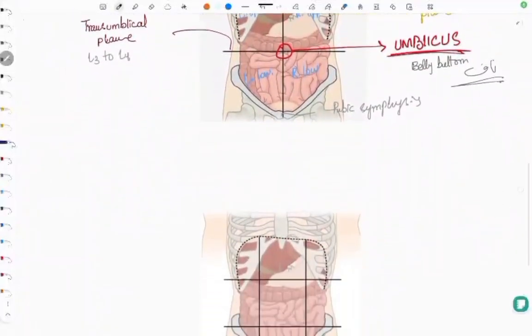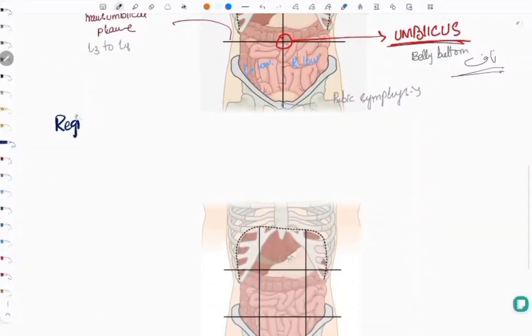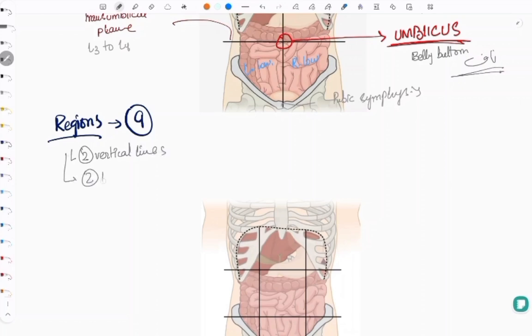Now let's move on to the regions of anterior abdominal wall. Our anterior abdominal wall is divided into 9 regions by 2 vertical lines and 2 horizontal planes.